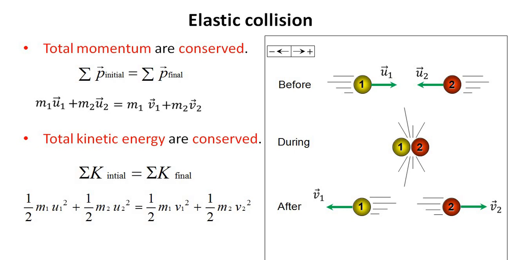If the ball moves to the left, a negative sign must be included when substituting values. Then the total kinetic energy before and after collision can be calculated by taking the summation for each ball. The kinetic energy before collision is half m1 u1 squared plus half m2 u2 squared.